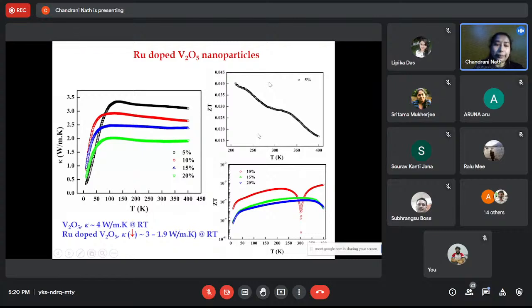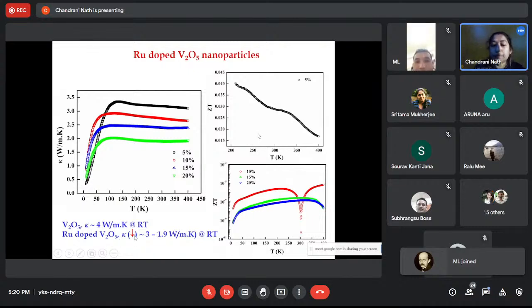Here again we are showing the thermal conductivity value. It's very interesting to note that for ruthenium-doped V2O5, we could successfully reduce its thermal conductivity to 1.9 watt per meter Kelvin at room temperature. And we have got a ZT value close to 10 to the power minus 2 near room temperature.